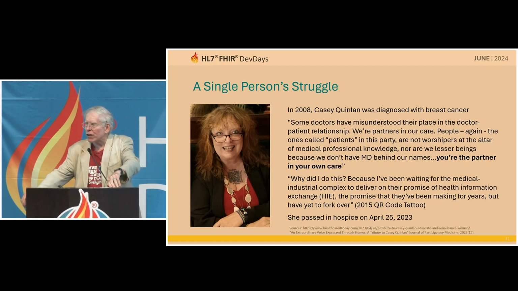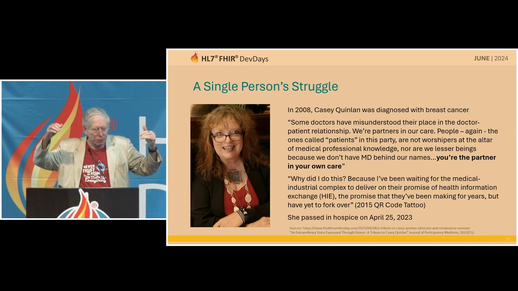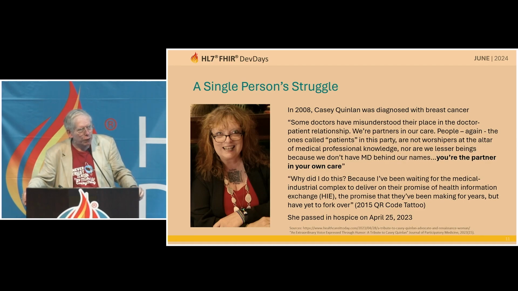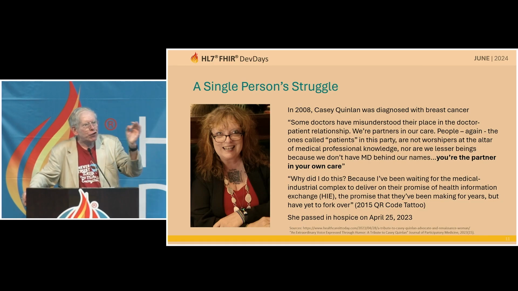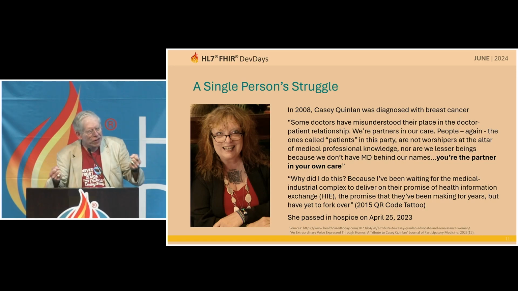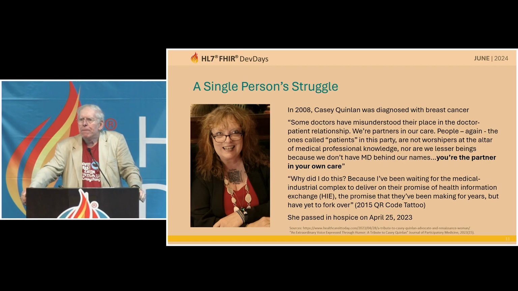What does this have to do with Casey Quinlan? Casey Quinlan in 2009 was diagnosed with metastatic breast cancer, and she had just spent the better part of 5 years as the primary caregiver for each of her parents in their final years. And when she got sick herself, she was hyper organized and said, let's get this all going, let's work on this problem.